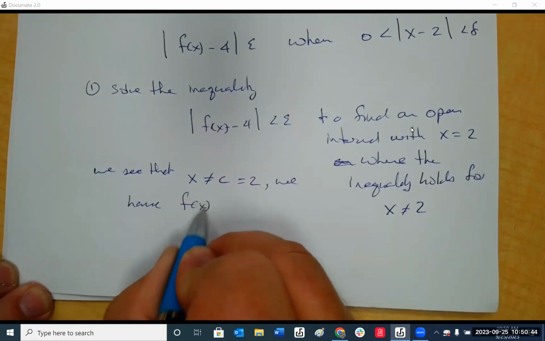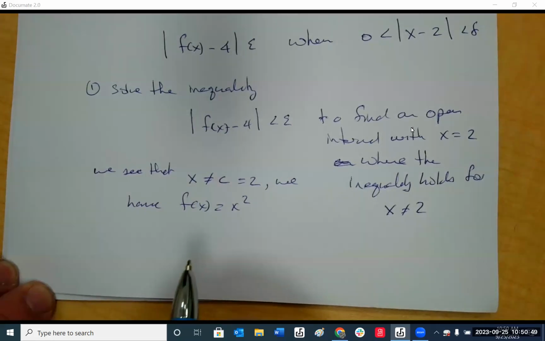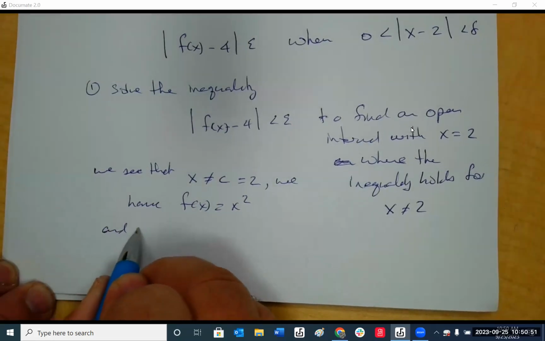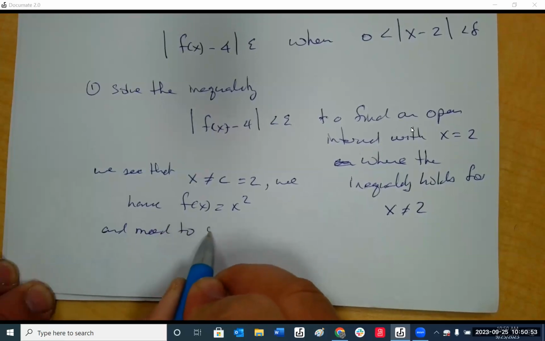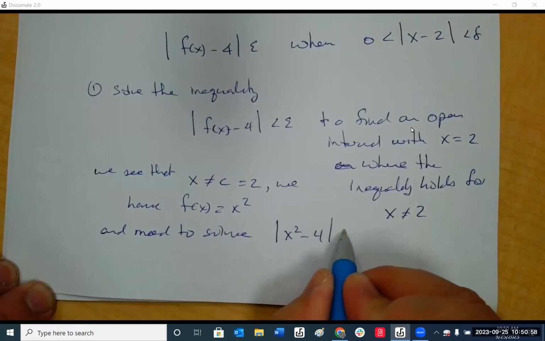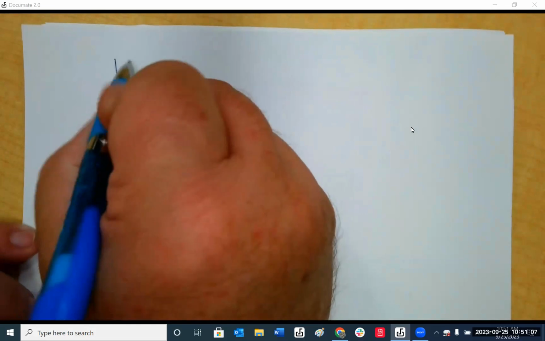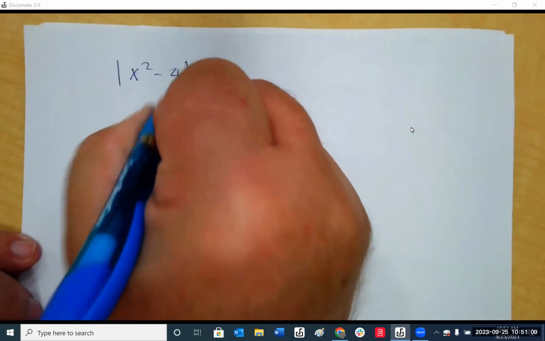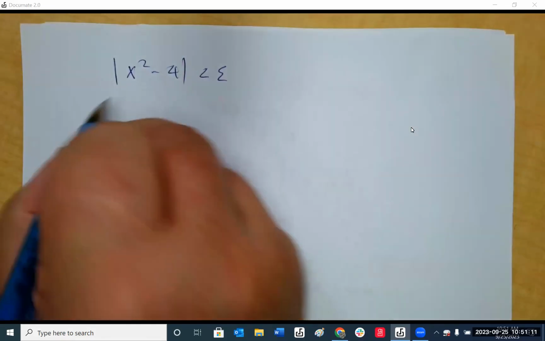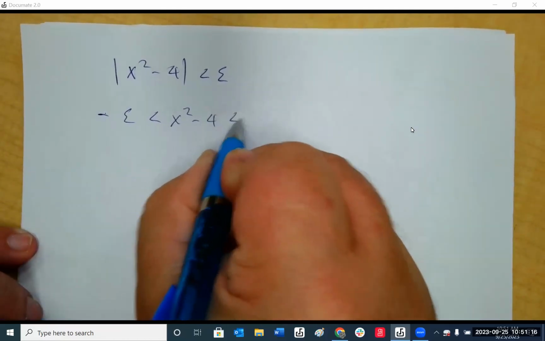We have f(x) equals x squared. We need to solve |x squared - 4| < epsilon.